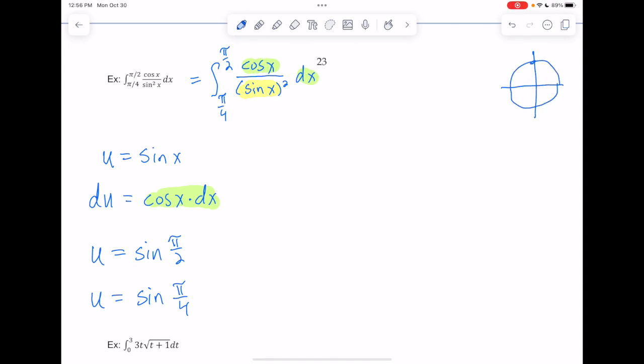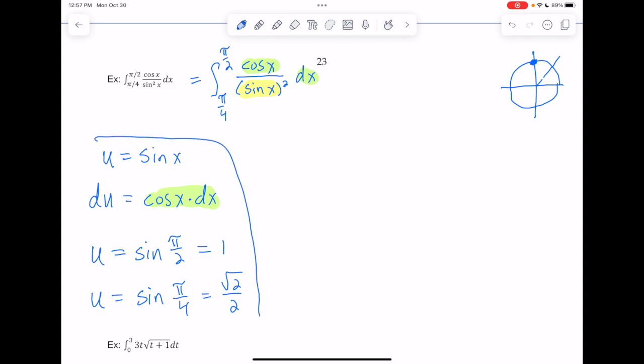So sine of pi/2, that's the y-coordinate at the top of the unit circle. That's going to be a 1. And at pi/4, that's right in the middle. That's the spot where both sine and cosine are equal to √2/2. So that's going to become my new lower limit of integration. So there's all the scratch work.